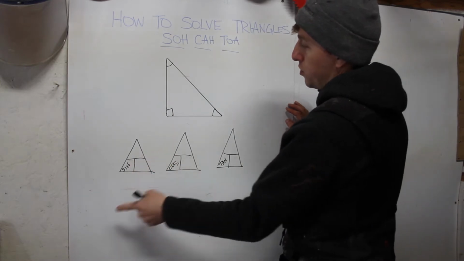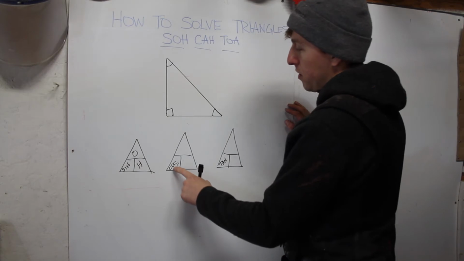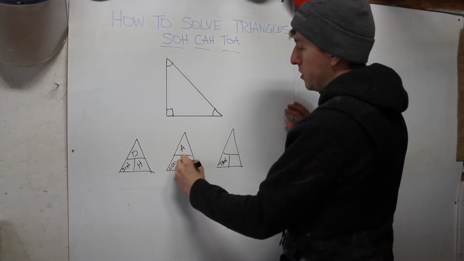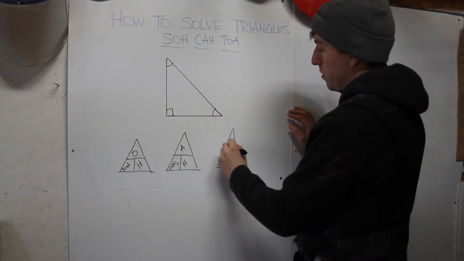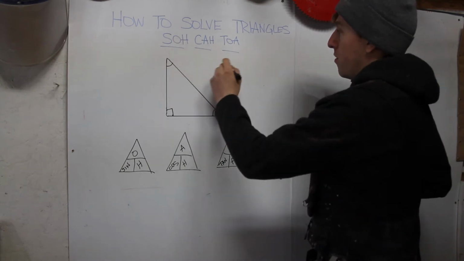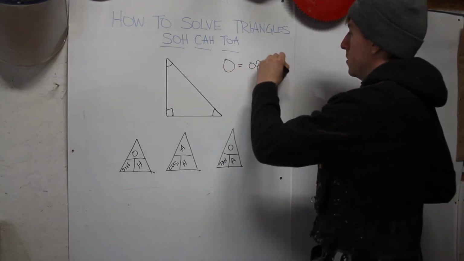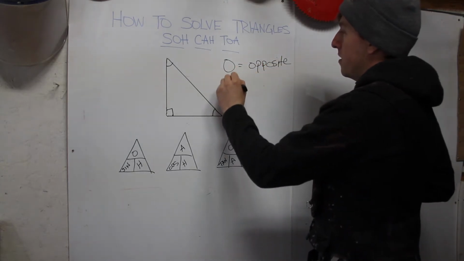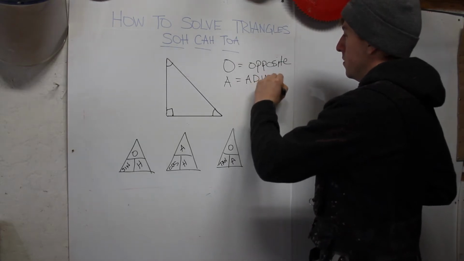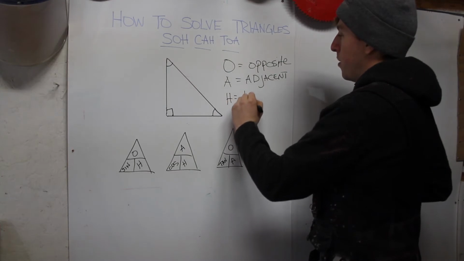So SOH, and you go around clockwise: O and H, cos, ka, A and H, and toa, O and A. The O equals opposite. A is adjacent. And H is the hypotenuse.